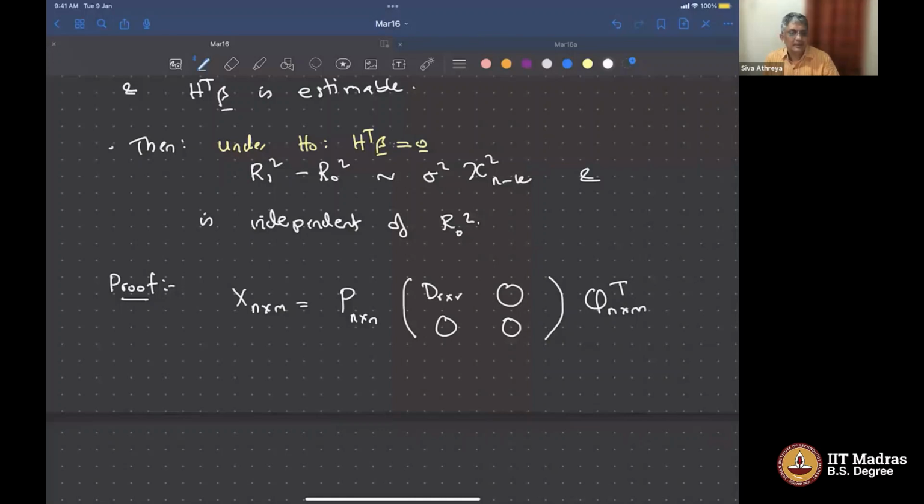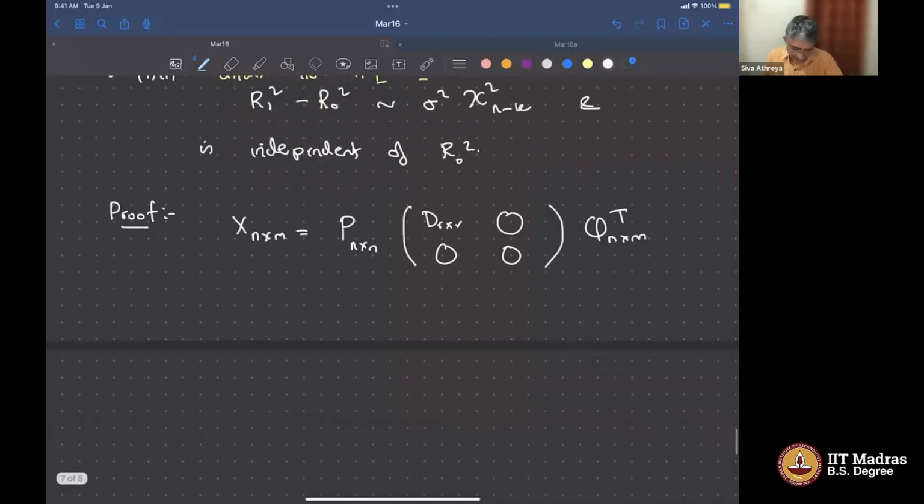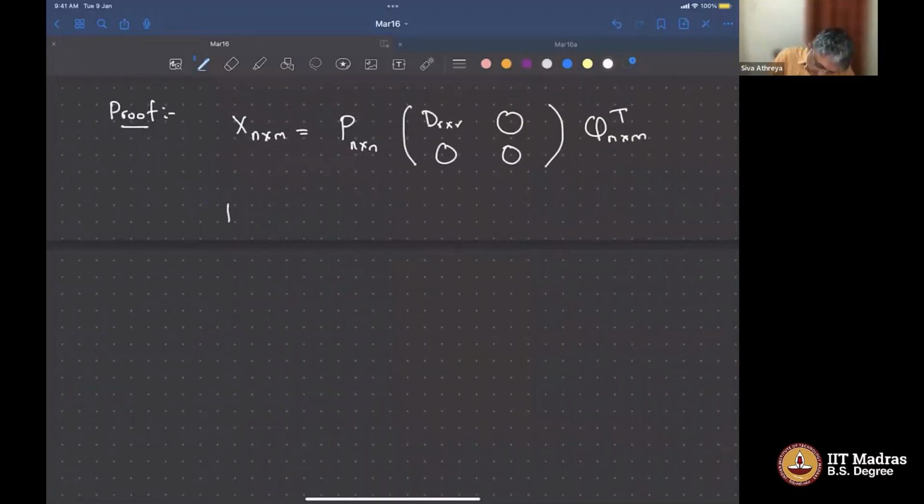Now I'll think of my P as partitioned into the first R columns and the next columns: P1, N cross R, and the rest is P2. I'll partition my Q appropriately too: Q1 is the first R columns, M cross R, and Q2 is the other part that's left.